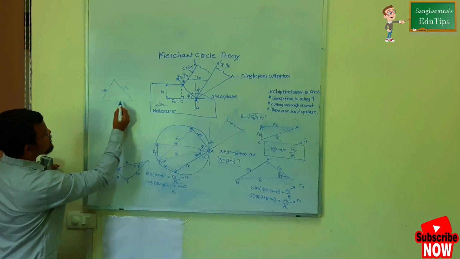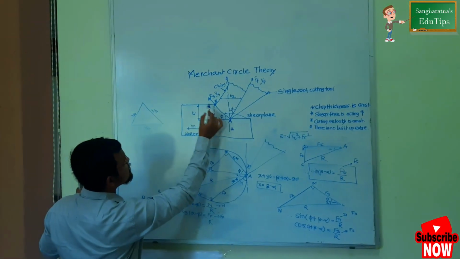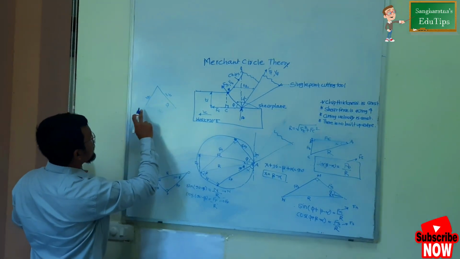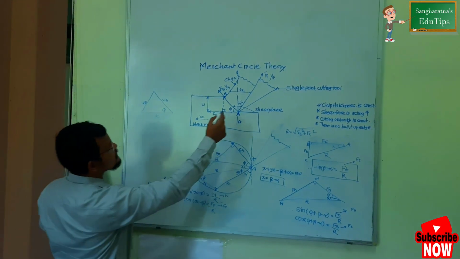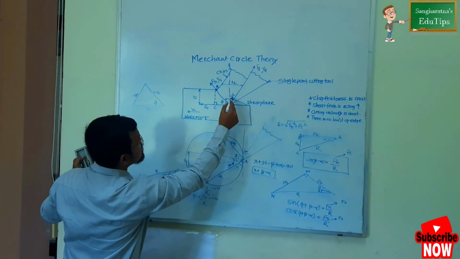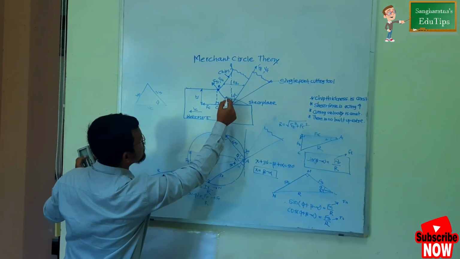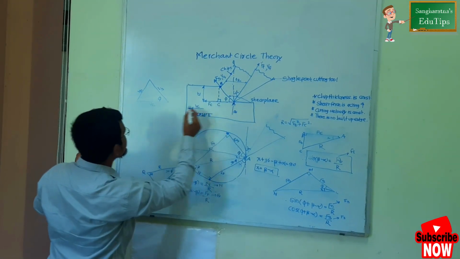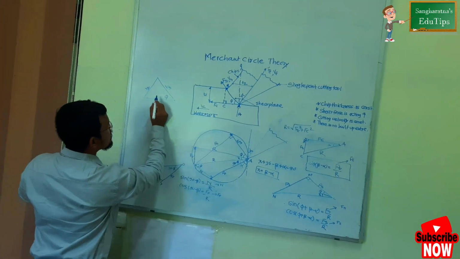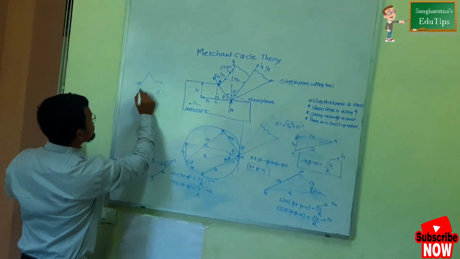So, the angle between VC and VS is phi. The angle between VF and VC is alpha, and this other angle we calculated as 90 minus phi.